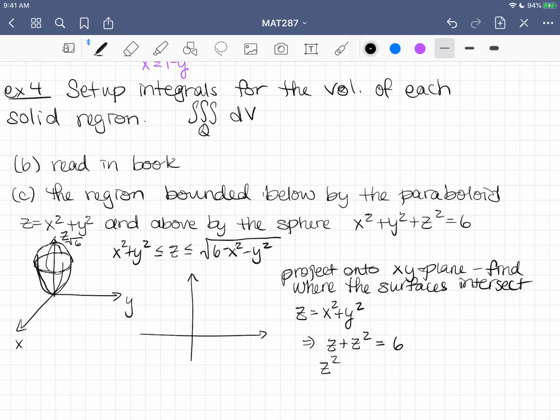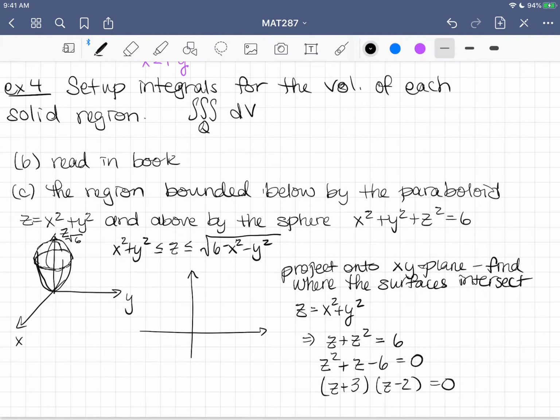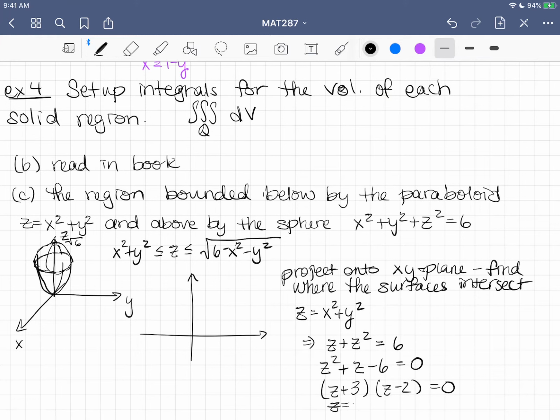Or z squared plus z minus 6 equals 0, and that factors as z plus 3 times z minus 2. So z equals negative 3 or z equals 2.